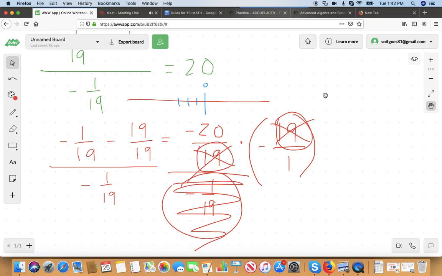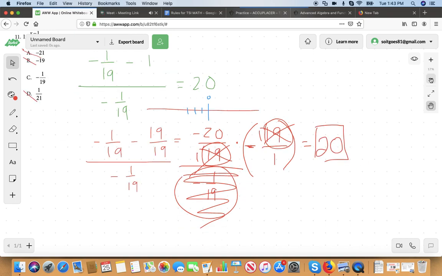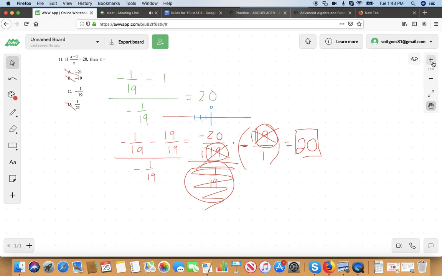So you have 1 over 1, and negative 1 over 1, and this is negative 20 over 1. And 1 over 1 is just 1. So I've got negative 20 times negative 1. And what's that? 20. Bingo. And that way we can confirm it was answer choice C.